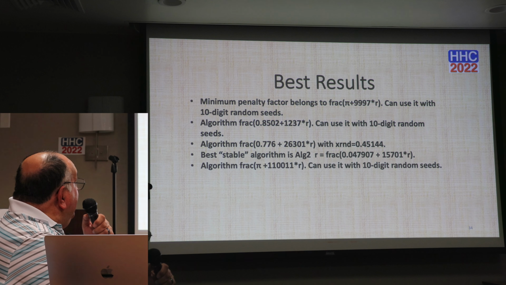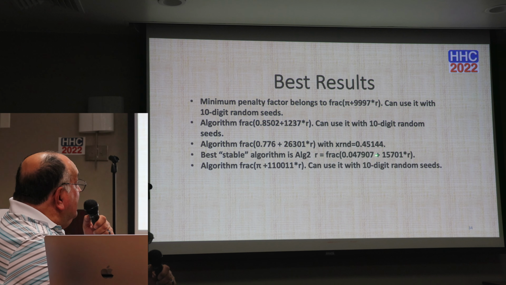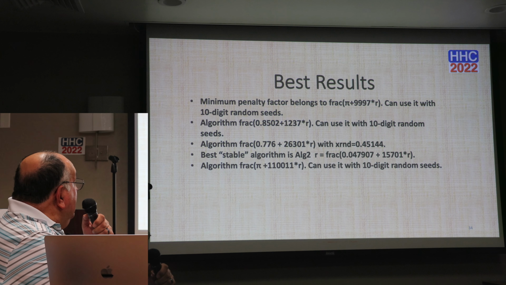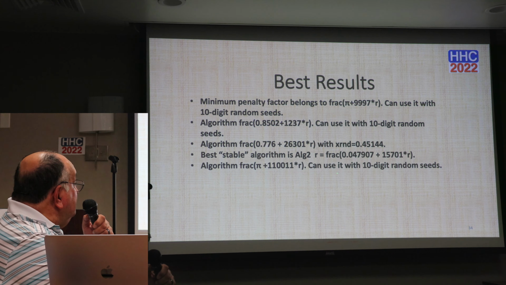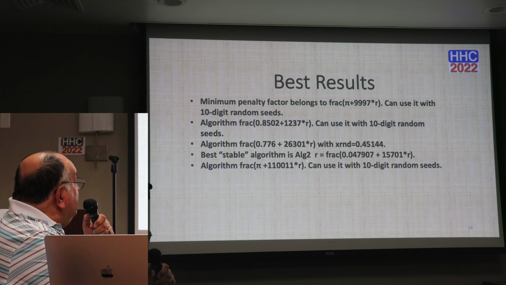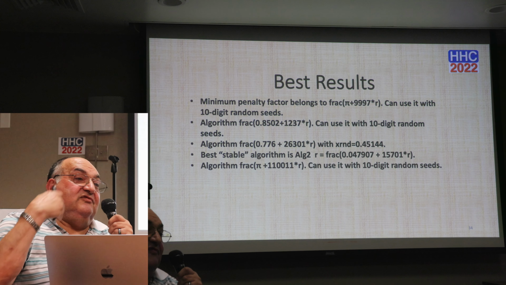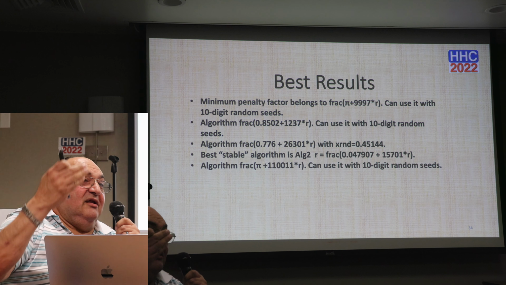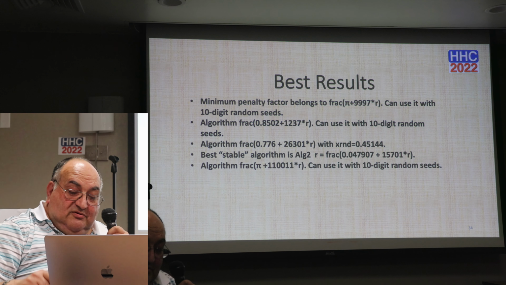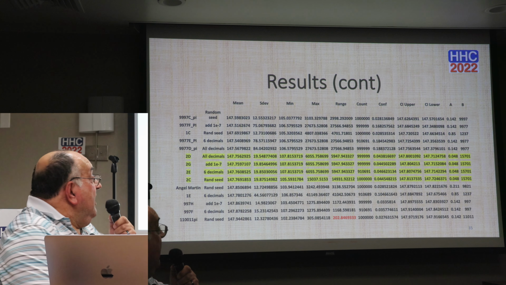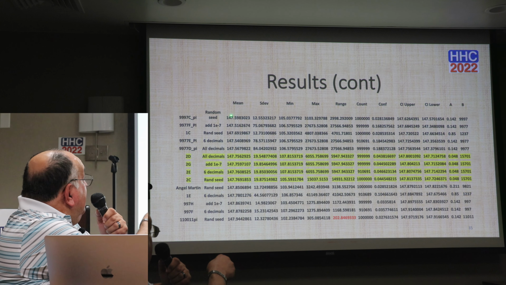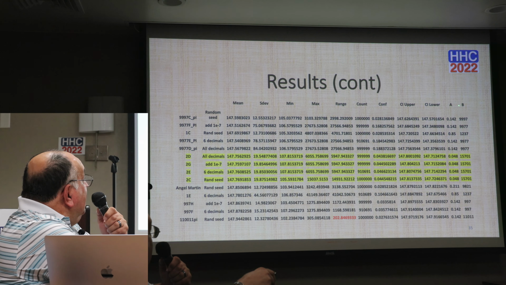But the winner, the best stable algorithm is this one. And again, this one, pi plus 110011, you can use it with the 10-digit random seed. But this one, you're comfortable. You can use it with fewer digits, 3-4 decimals, that's fine. So this is the results horizontally, the stat vertically.